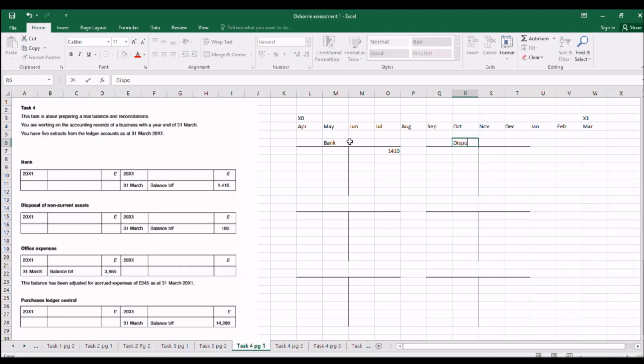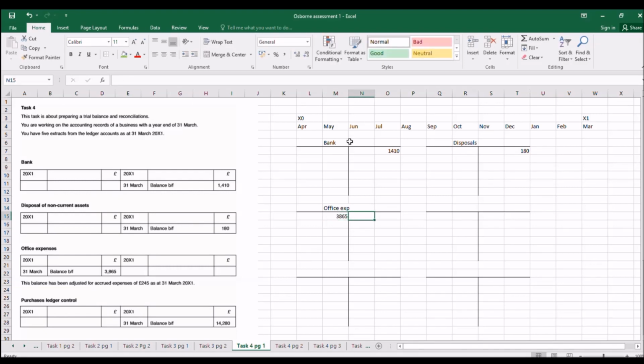Disposals of fixed assets, and we've got a credit there. So a profit on disposal, was it? Yeah, profit on disposal. Office expense, so we've got a debit there for our expenses.